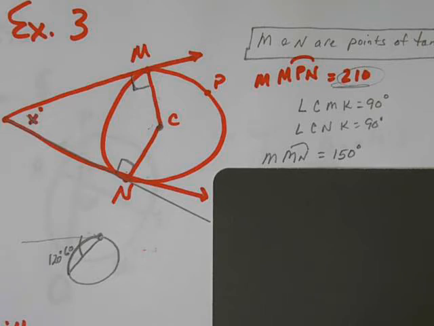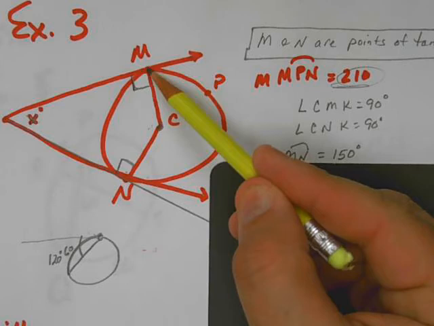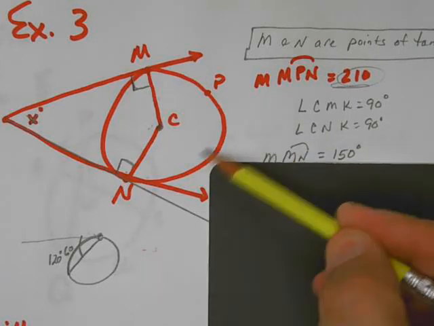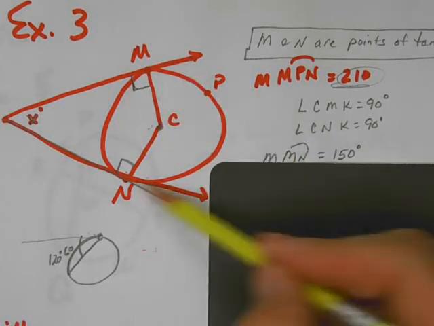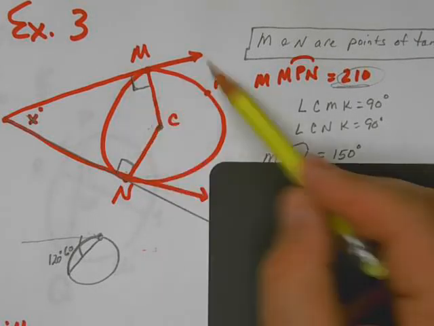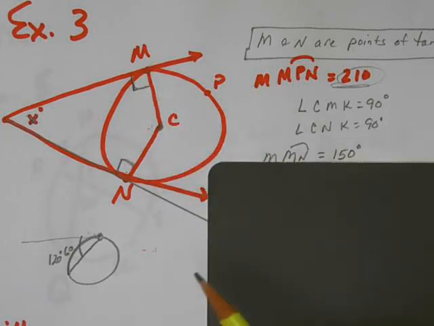Why is arc MN 150? Nicholas? Because you're subtracting from 360. Watch. If the arc from M to P to N is 210, we know all the way around the circle is 360. Subtract away 210 and we get 150.